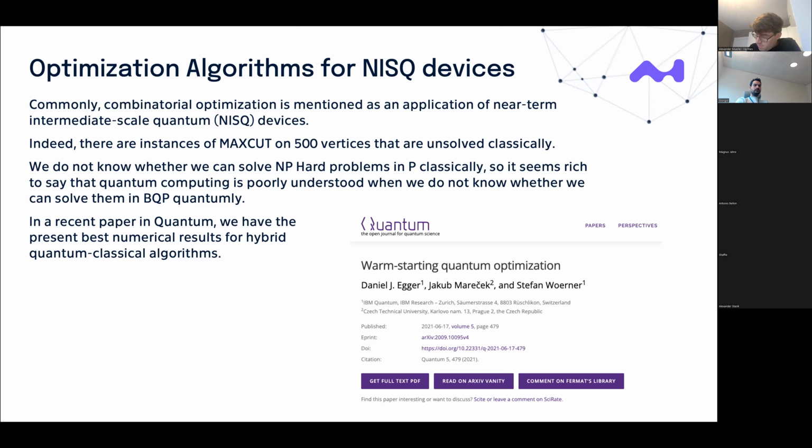And those could correspond to a 500 qubit circuits quantumly in principle. On the other hand, we don't know really whether any NP-hard problems can be solved in polynomial time quantumly. It is not clear whether that's a major roadblock, because in the classical case, we also don't know whether NP-hard problems can be solved in P. So maybe this need not be much of a worry.